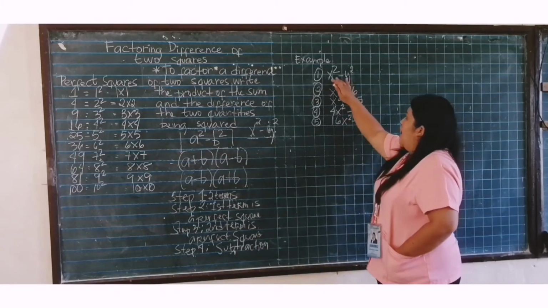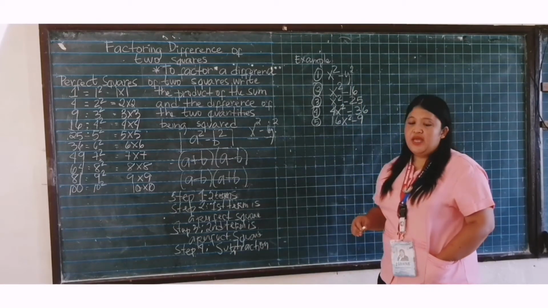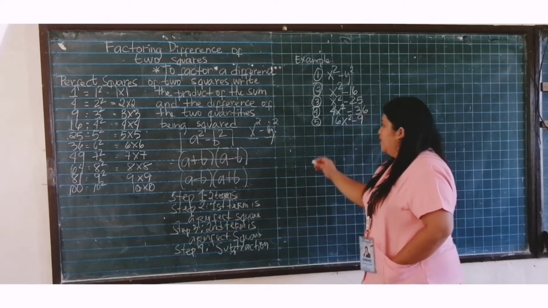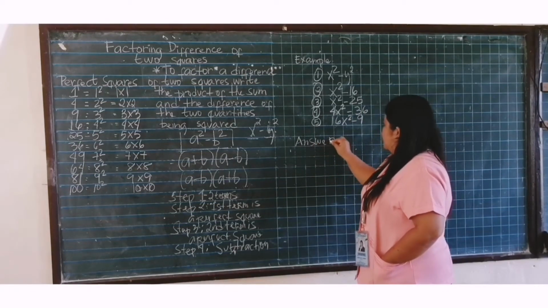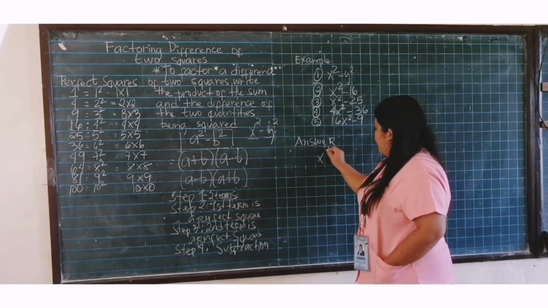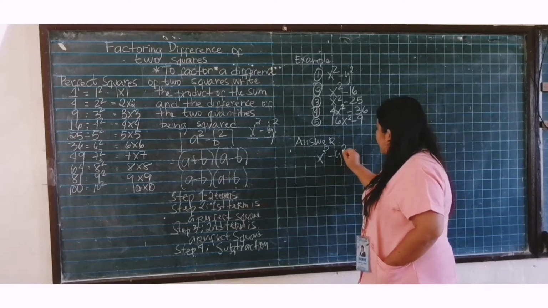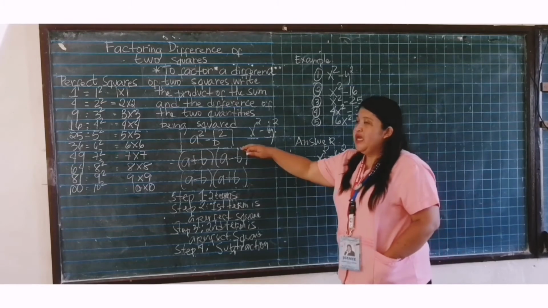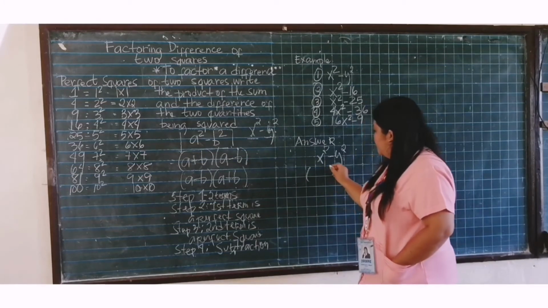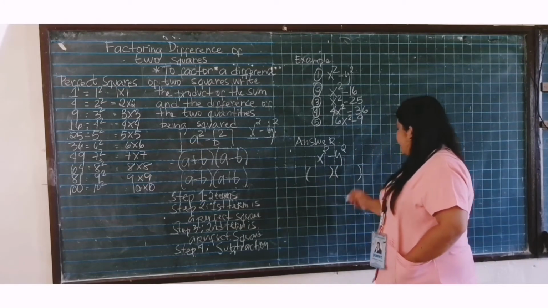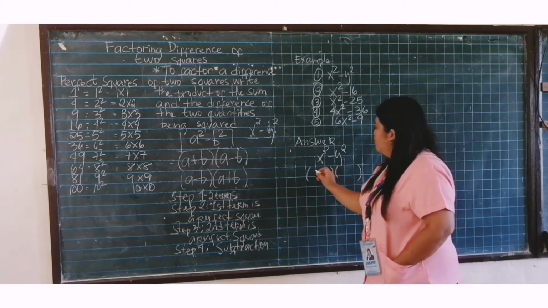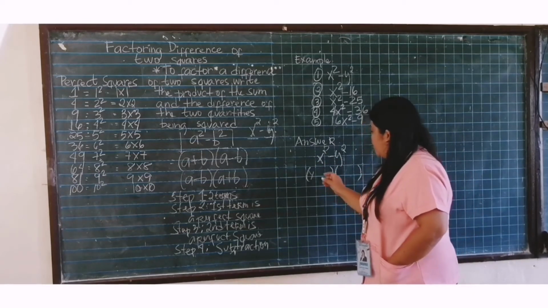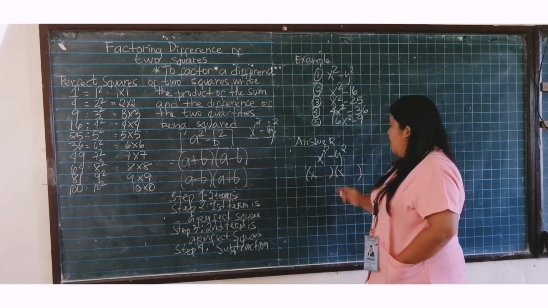For our example number 1, we only have x squared minus y squared. Following our pattern, we are just going to write these two, and then we distribute now the x.